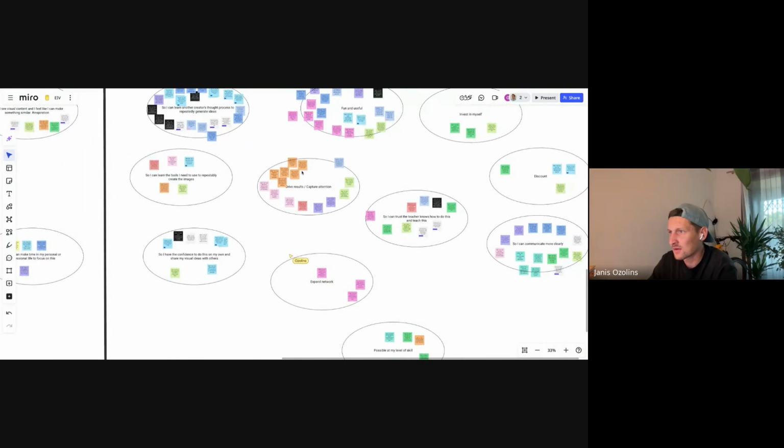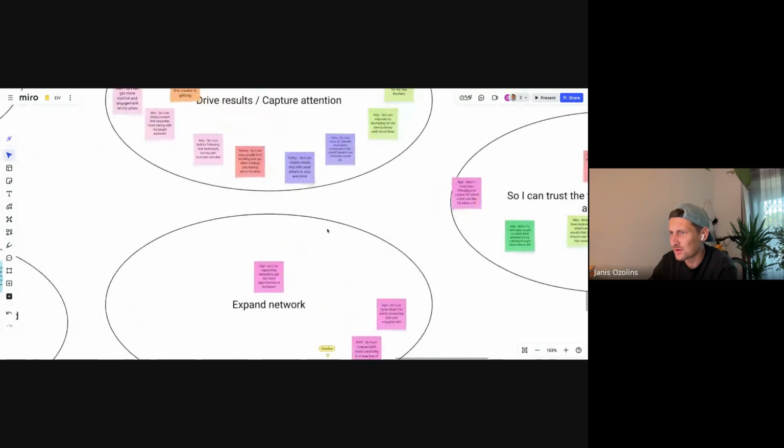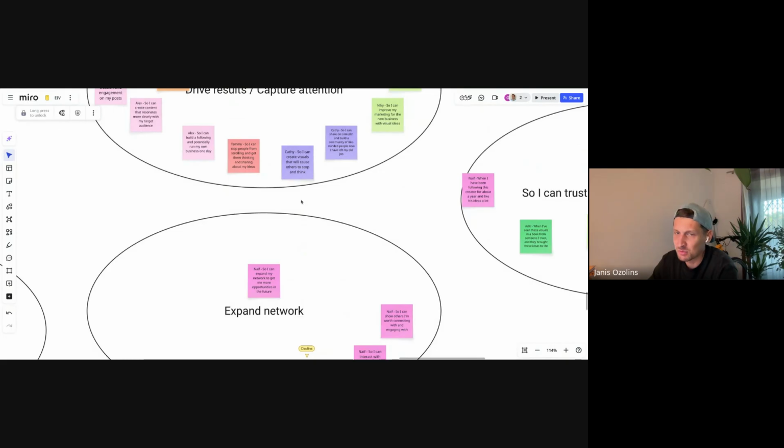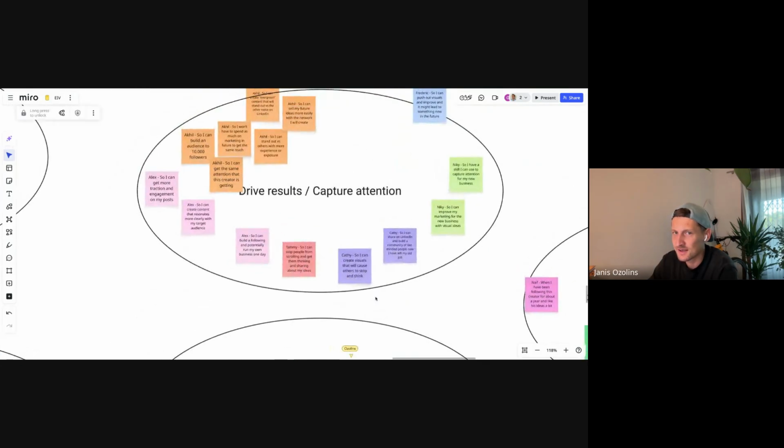And you had another one with drive retention. I honestly feel that knife thing with the network is a little bit different flavor of drive results and capturing attention. It's kind of the same thing, but a little bit different.